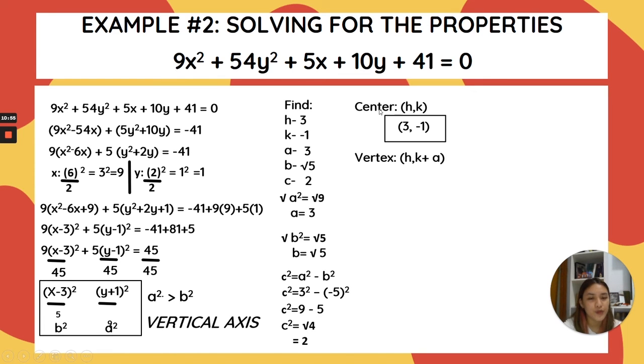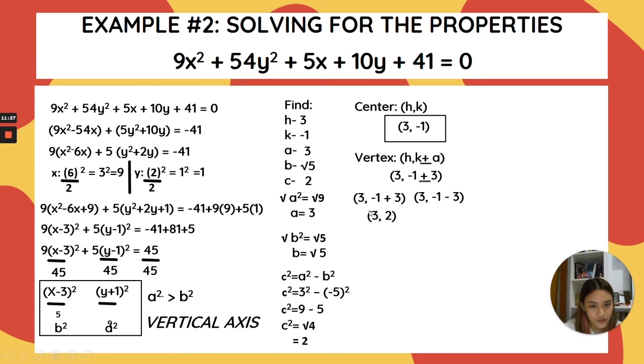Next, we will look for the coordinates of the vertex. We have h, k plus or minus a. Substitute. We have 3, h, and then k is negative 1, plus or minus a is 3. Now we will separate these. For the first one, we have 3, and then negative 1 plus 3, and then the other side, 3, negative 1 minus 3, and then solve for it.